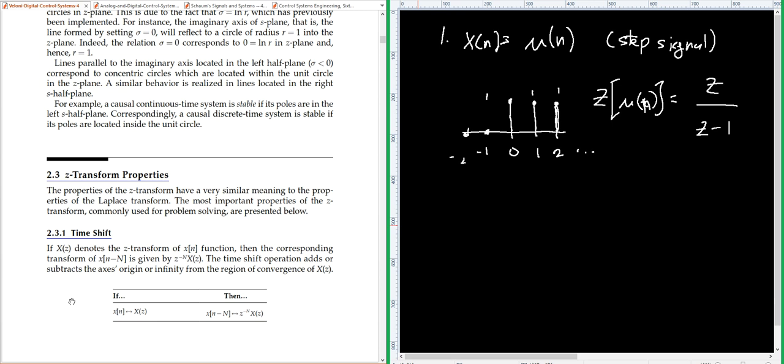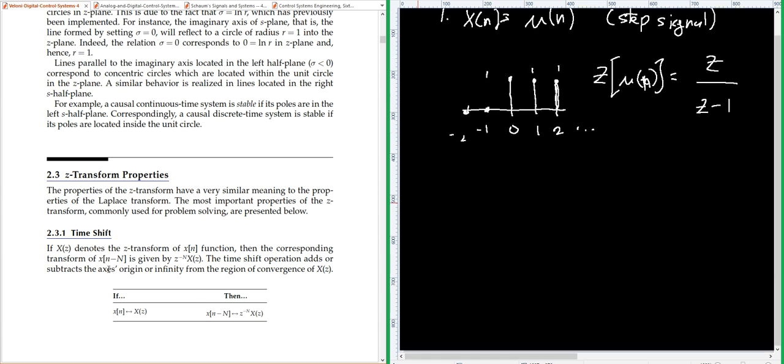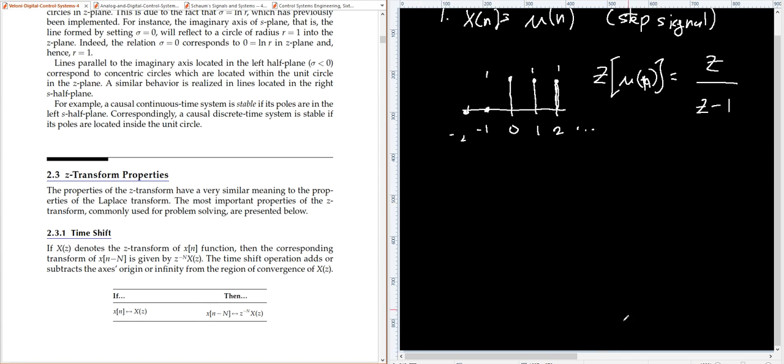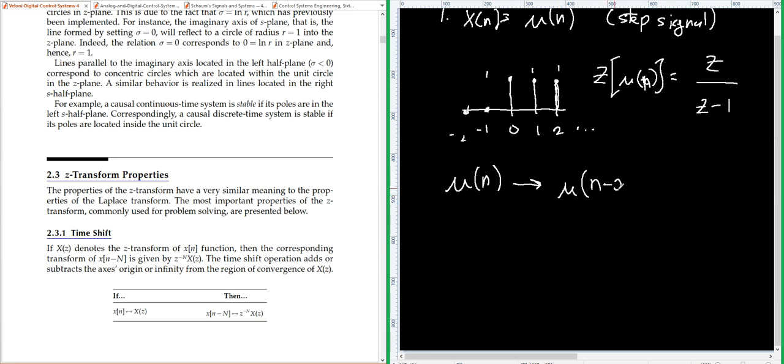So what does time shift state? If your mu(n) is shifted, for example shifted with n minus 2, so here our capital N is equal to 2.